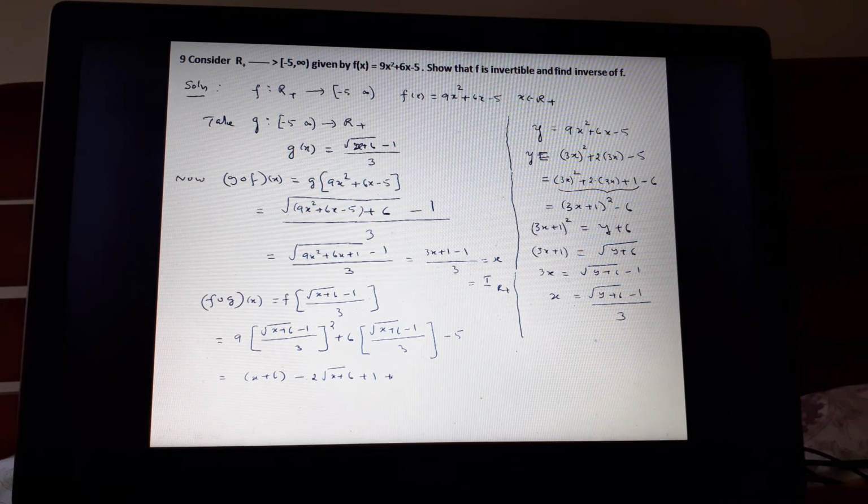Here when you cancel this 3, it is 2 into square root of x plus 6. Then here 3 and 6 means here 2, minus 2. Then minus 5.